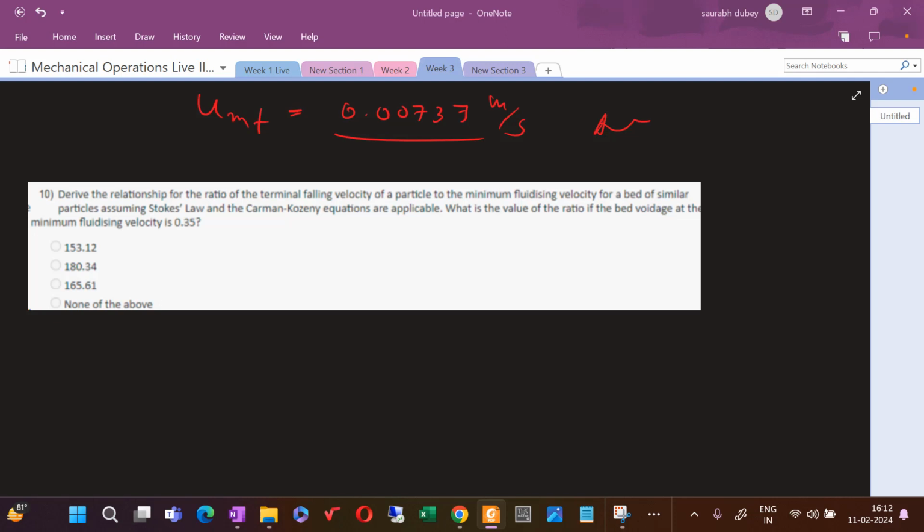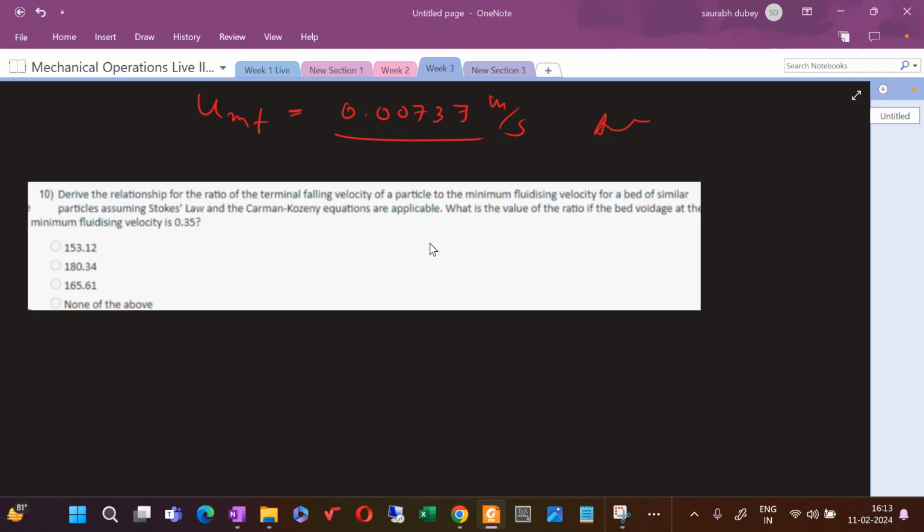What is the value of the ratio if the bed voidage at the minimum fluidization velocity is 0.35? So how are you going to derive it? That is the question. You are asked to calculate the ratio of terminal falling velocity of the particle to the minimum fluidization velocity, assuming Stokes law valid.